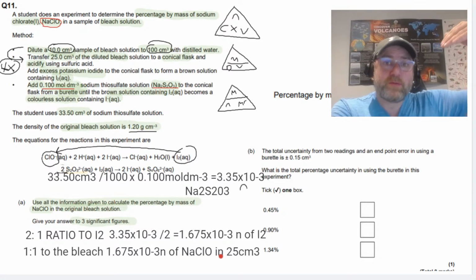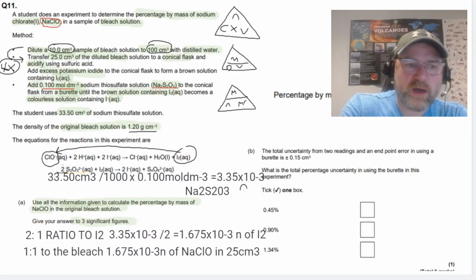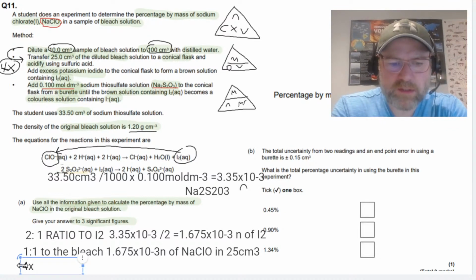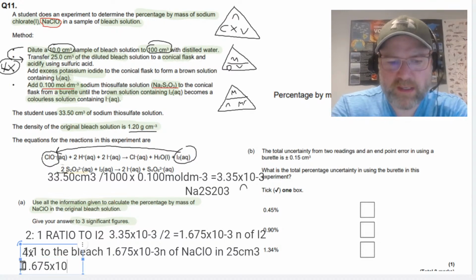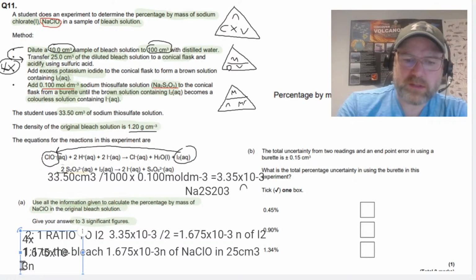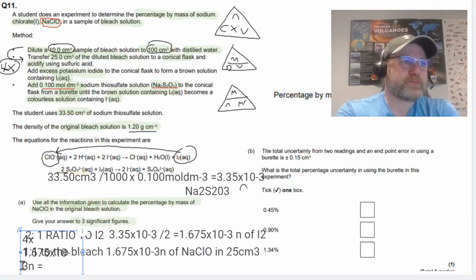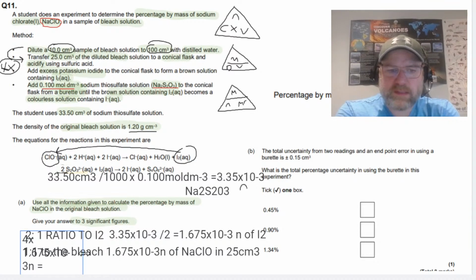But in the 100 centimeters we started with, there's going to be 4 times that. So we're going to go 4 times 1.675 times 10 to the minus 3 moles. And that is going to give us 0.0067.